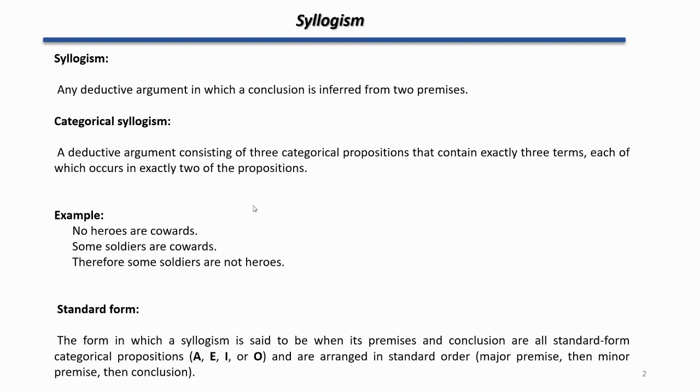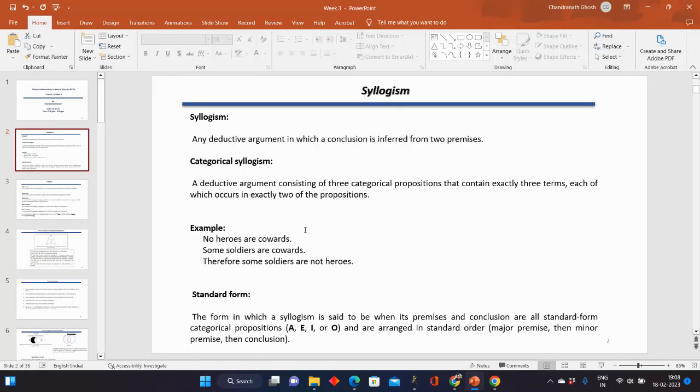Now, a standard form of syllogism is the form in which its premises and conclusions are all standard form categorical propositions like A, E, I, O. I will come to these one by one, and they are arranged in standard order.